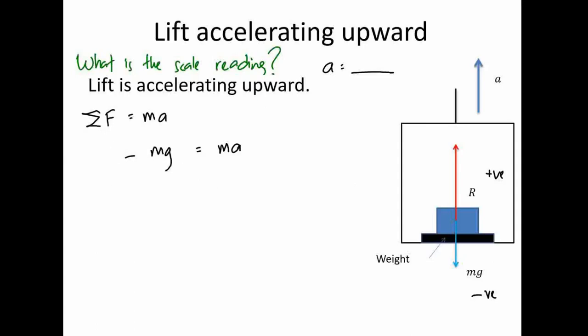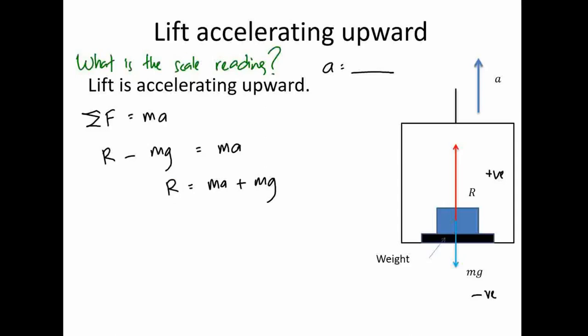Okay, it's not F but R. R minus mg equals ma. So we bring the mg to the right, so our R equals ma plus mg. Our R is the scale reading.